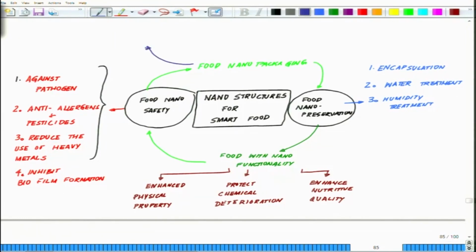One is intelligent sensing of nano coated packaging.